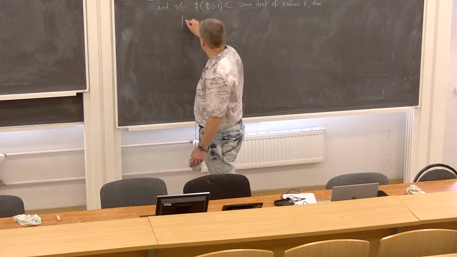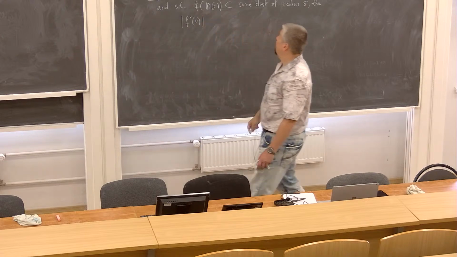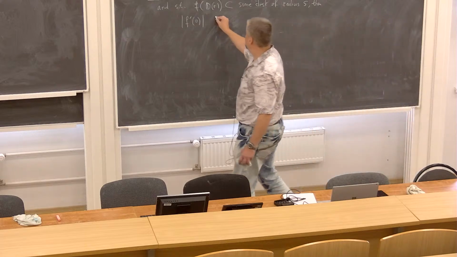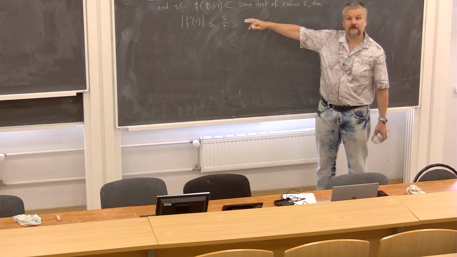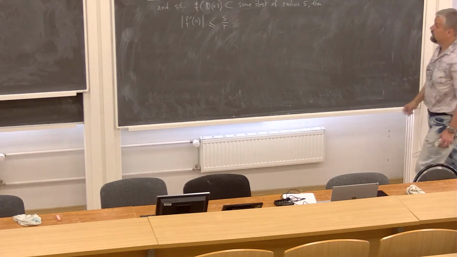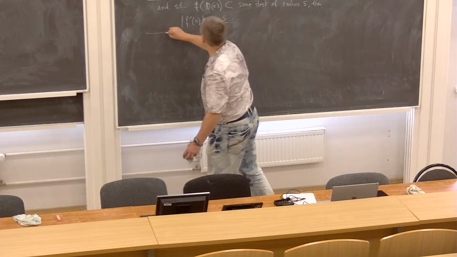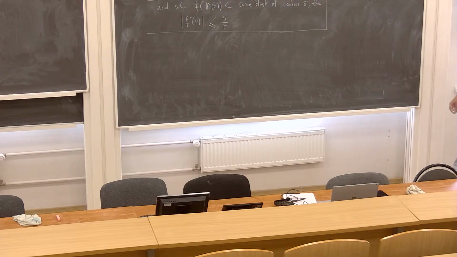Then I have an upper bound for the derivative of F at 0, and this upper bound will be just S over R. Is it okay? This is how it's stated in Milnor's book.